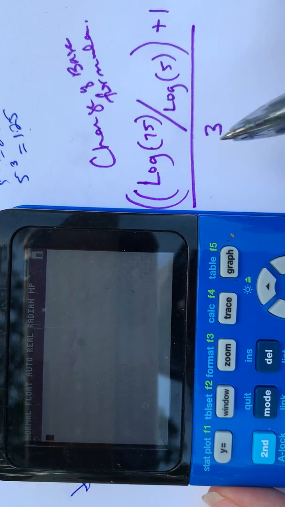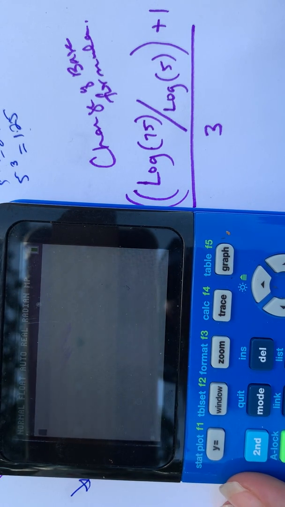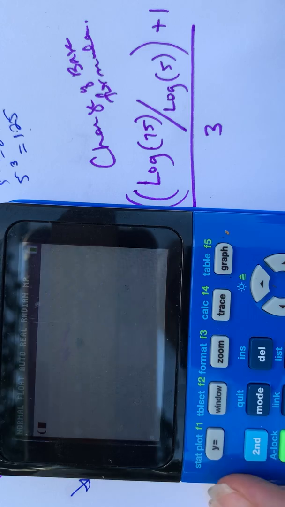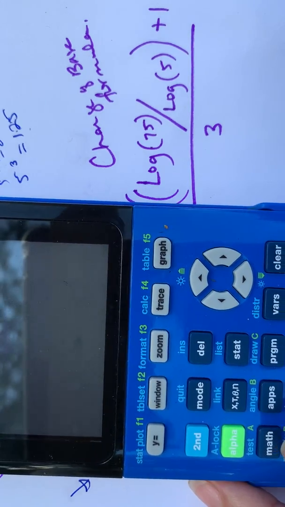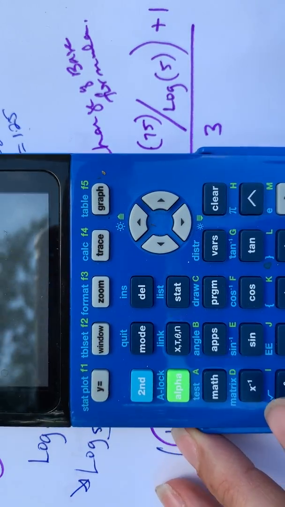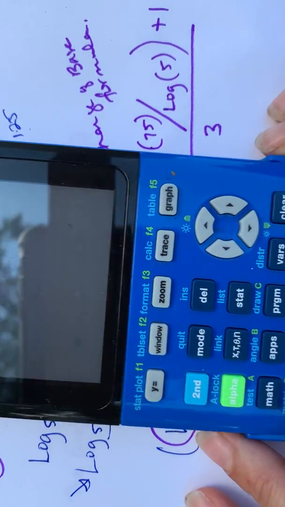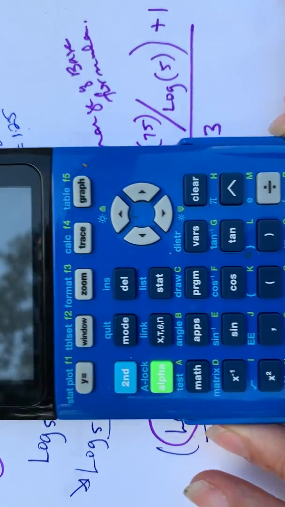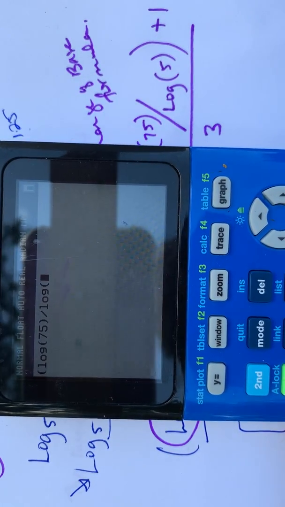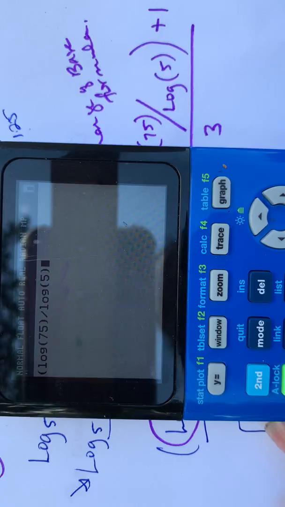This is all working with your log button on the outside of the calculator. And so we have open parenthesis. Then we're going to do log of 75 divided by log of 5 plus 1, close that parenthesis.